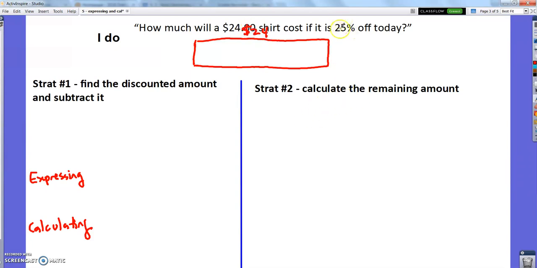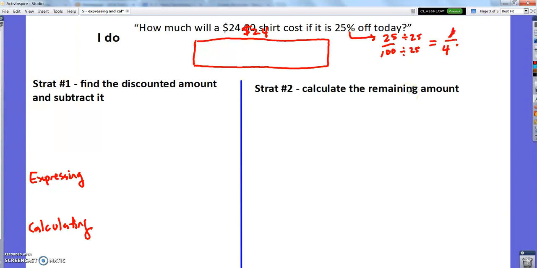And it's 25% off. So 25%, you probably know that as a fraction. Remember, that's 25 out of every 100. And if I divide both by 25, 25 out of 100 is 1/4 of the price.